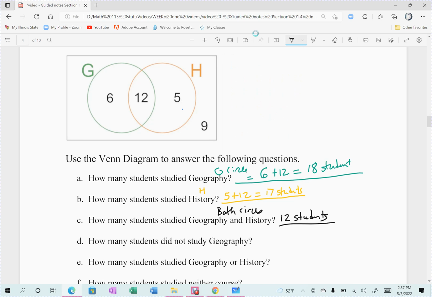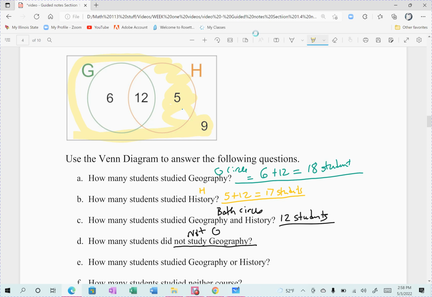How many students did not study geography? So we are not in the G circle. And the not is often the harder one because a lot of times students will forget that we are outside this G circle. Remember, that's everything outside the G circle. And so there are 2 parts.